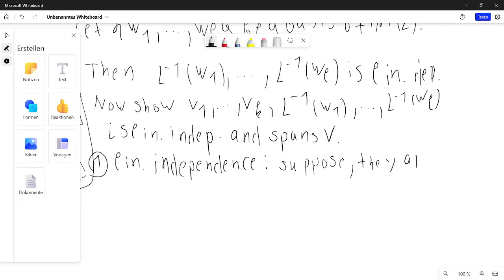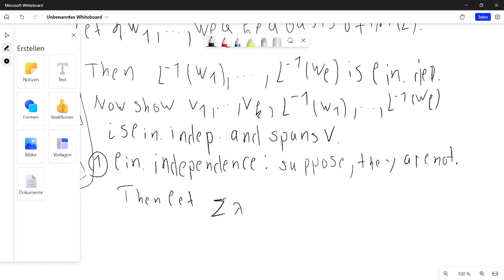So they are not linearly independent. Then let there be lambda 1 to lambda k, beta 1 to beta l, so that the sum gives 0.